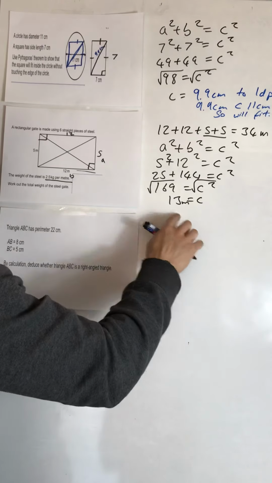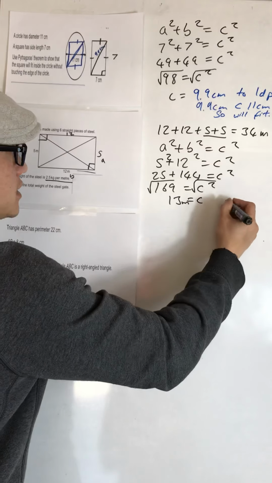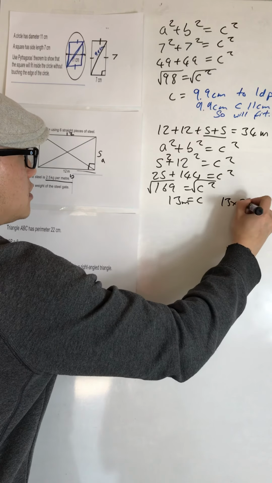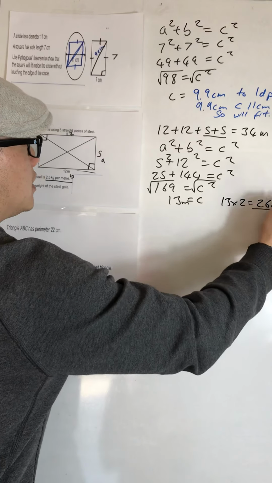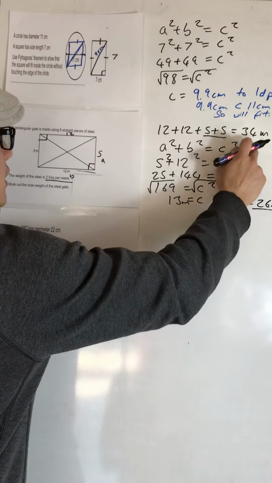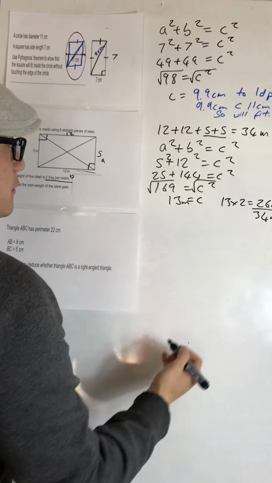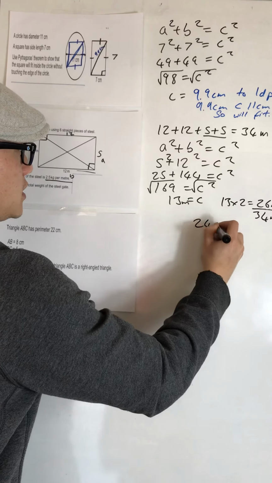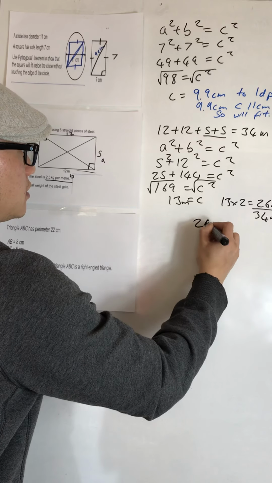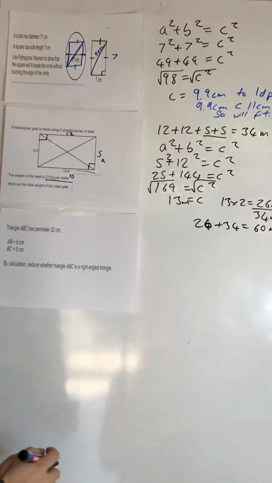But how many of these diagonal steel beams have we got? We've got 2, so let's double that. 13 times 2 equals 26 metres. Now we've got the 34 metres on the outside, so we add them together. 26 add 34 equals 60 metres.